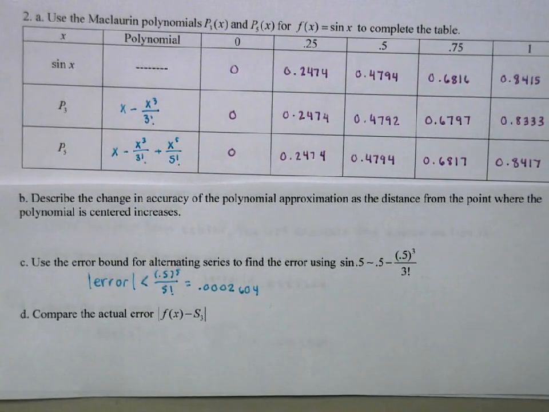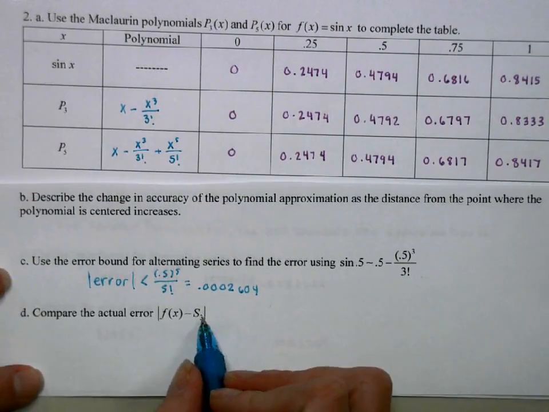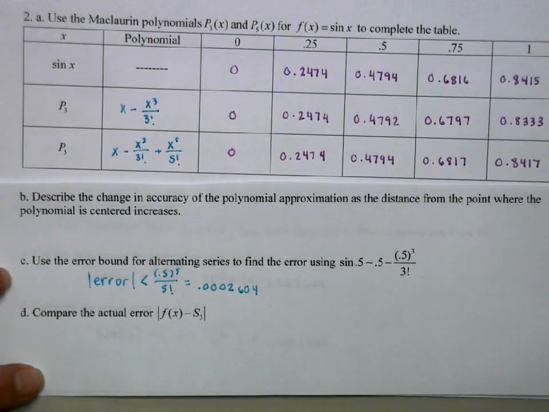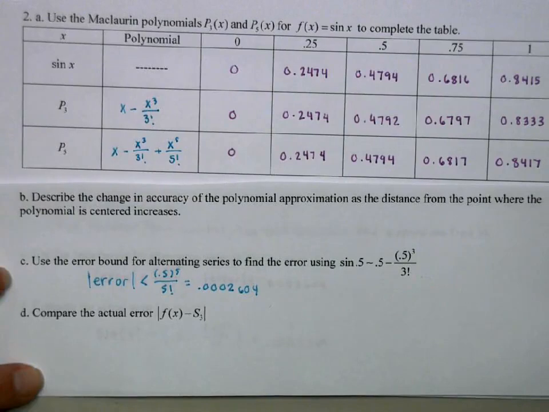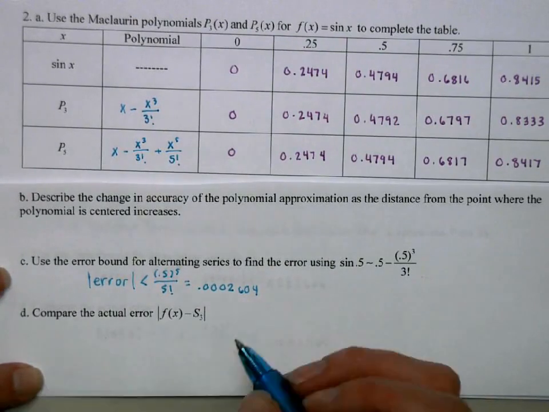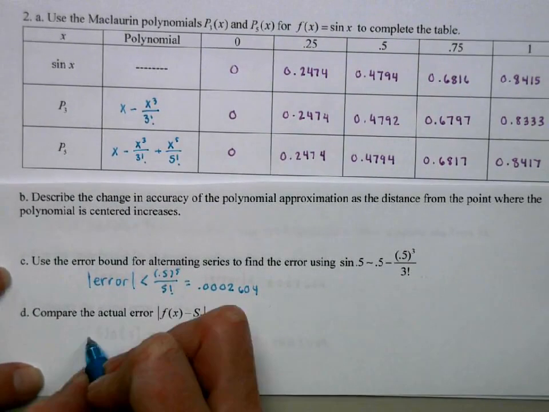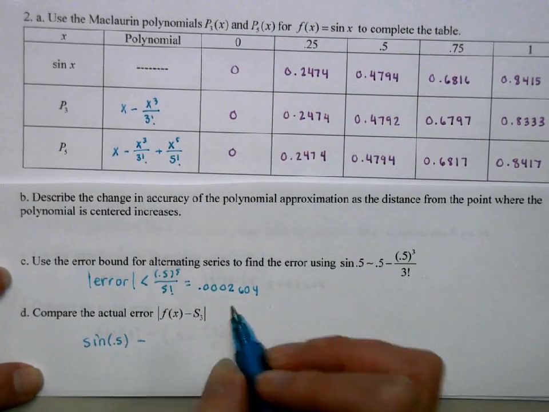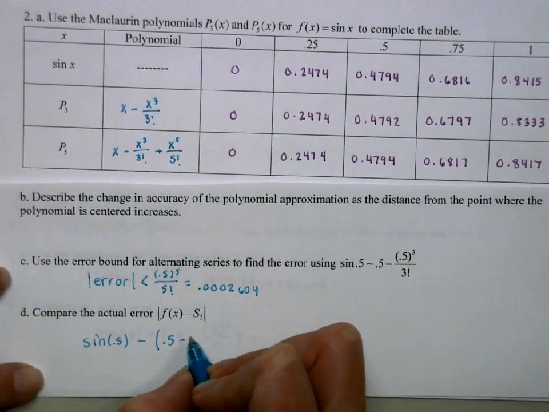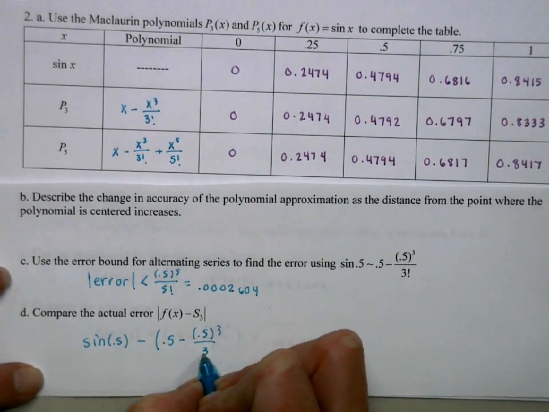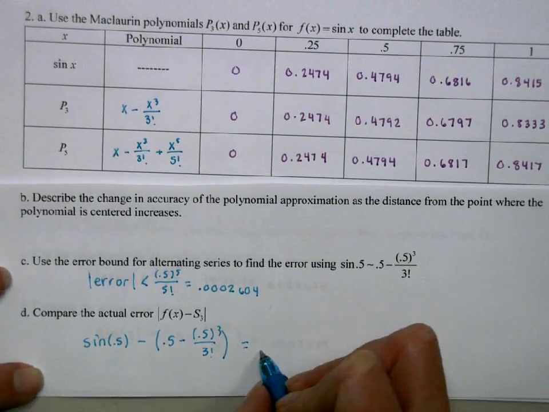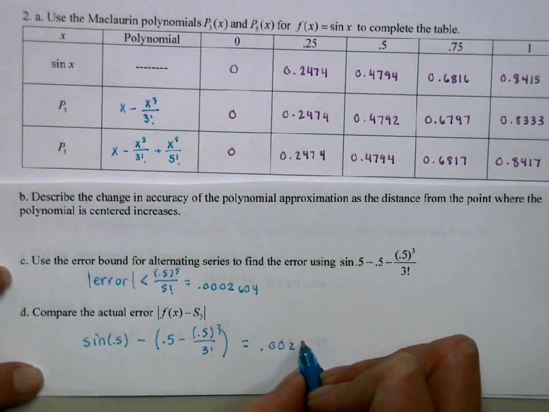The actual error between the function and the polynomial: sine of 0.5 minus 0.5 minus 0.5 cubed over 3 factorial gets us a value of 0.002589.